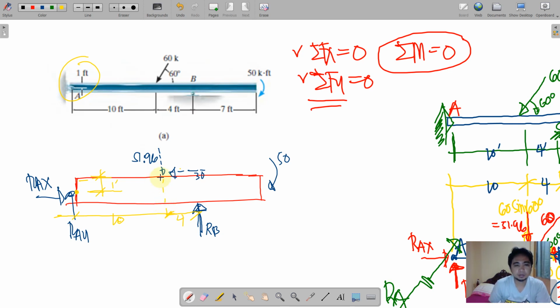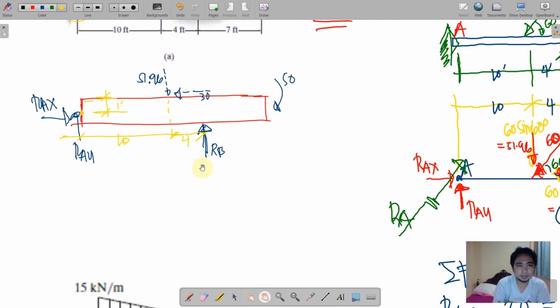So, just the same, we will just take moments at both supports. So, taking moments at the supports, now we have summation moments A. Kung A to B yun. Sorry. Perhaps we can denote this by another color. A, and this is B. So, summation moments A, we have 51.96 by 10.